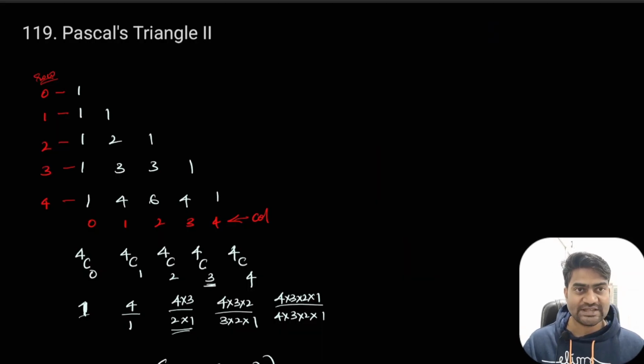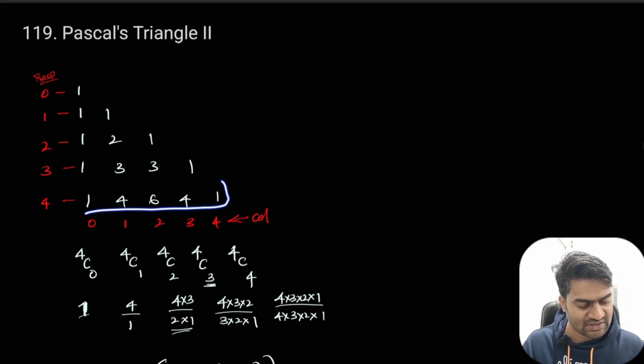Since we already know the problem, here we try to generate the entire row. They will give us the row index. We already know that if we have some row number, then we will have that many columns. The row index is a zero-based index, given here as 4, so it is actually the fifth row.